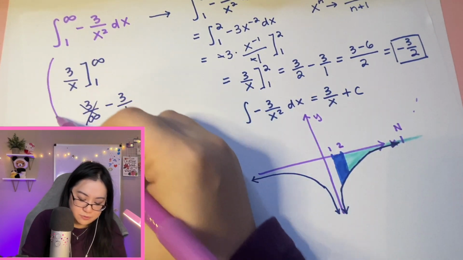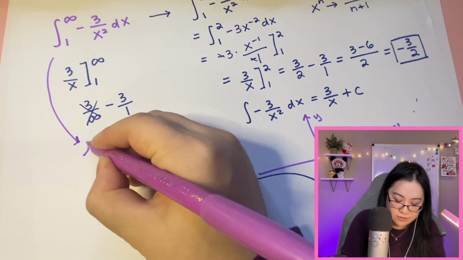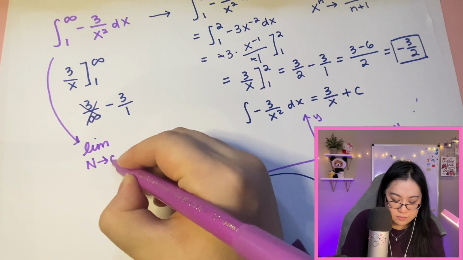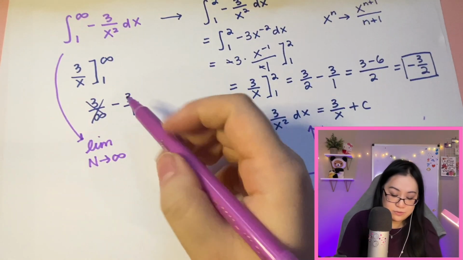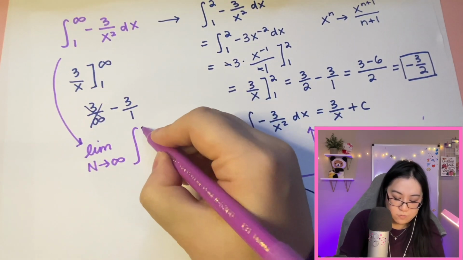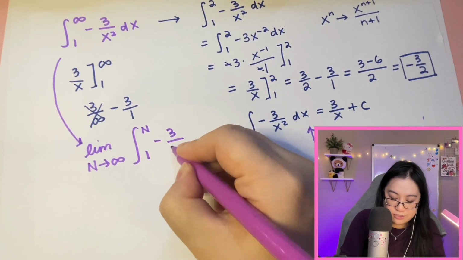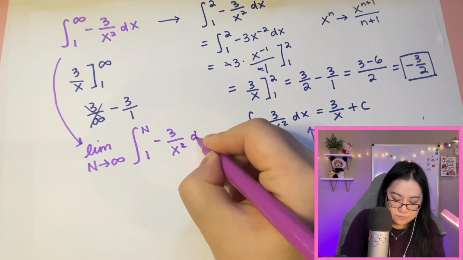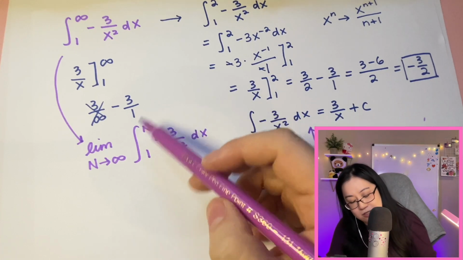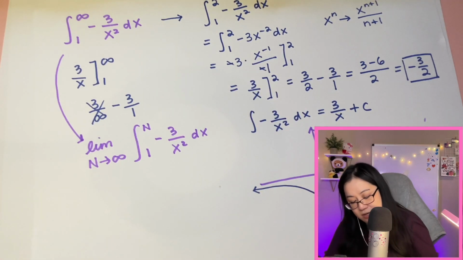So I'm going to do this entire integral with my upper bound of N, but then I'm going to take the limit as that capital N approaches infinity.